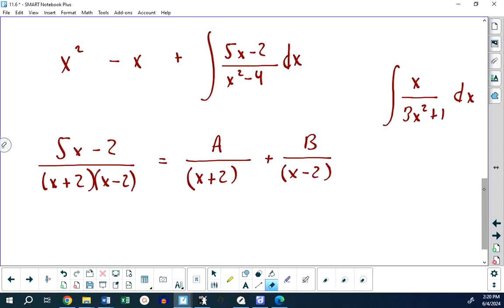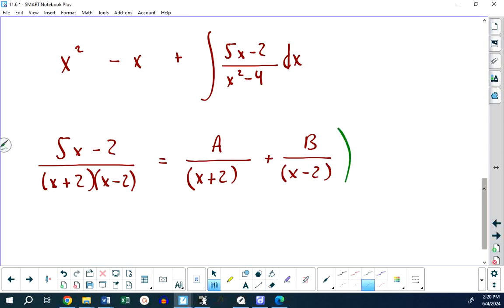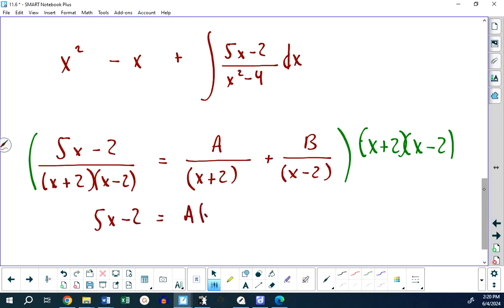So I'm going to just shave off a little bit of time here. I think we all know that both sides of this equation need to be multiplied by x plus 2, x minus 2 to clear the denominator, so you get 5x minus 2 equals A times x minus 2 plus B times x plus 2.